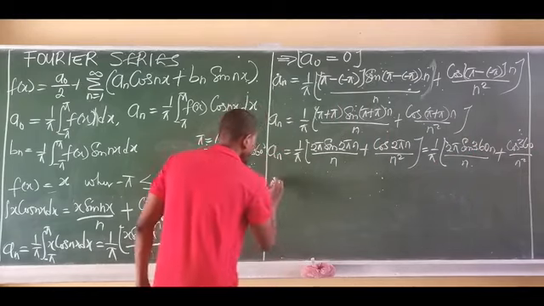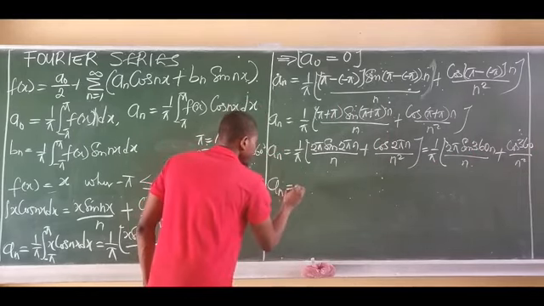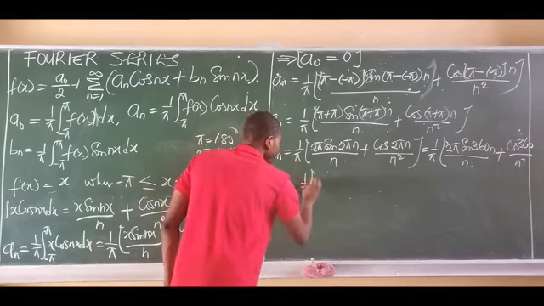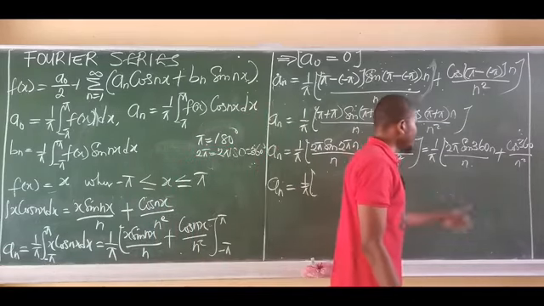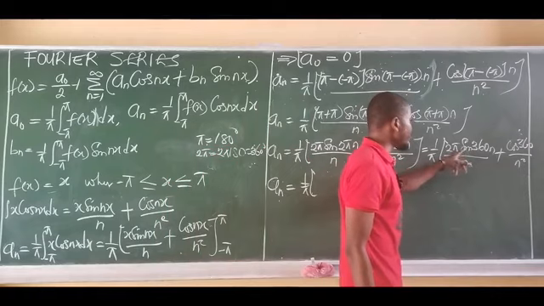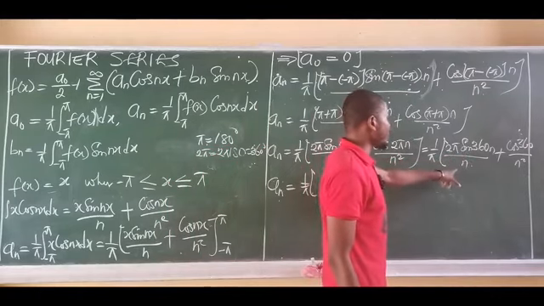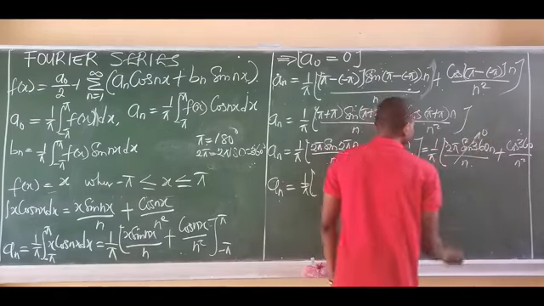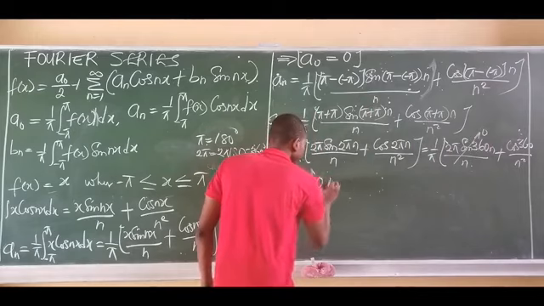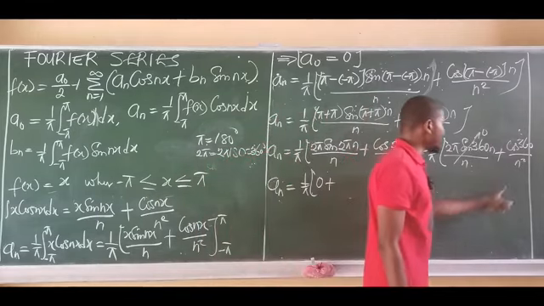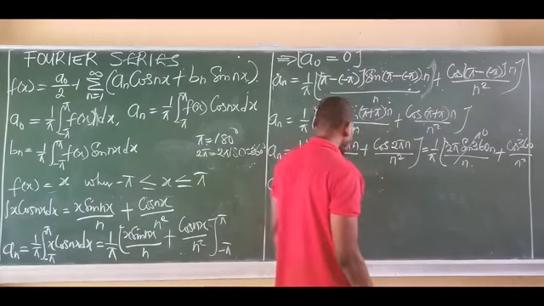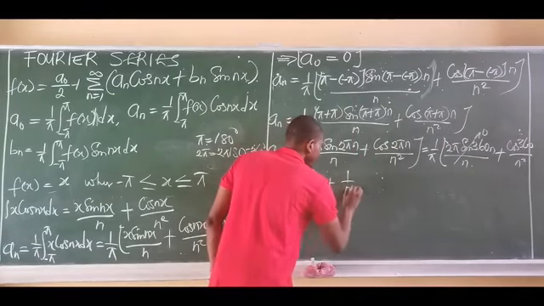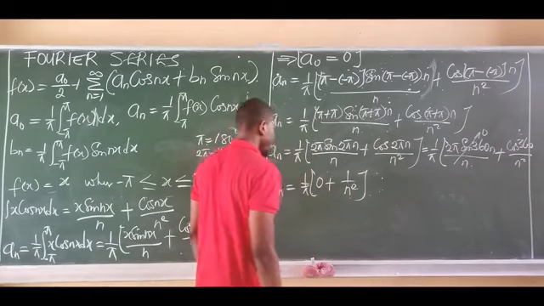So this implies that an is now equal to 1 all over pi into, mind you, sine 360 is 0, so it becomes 0 times 2 pi over n, so everything here automatically becomes 0. So you have 0 plus cos 360, which is 1, so it becomes 1 all over n squared.